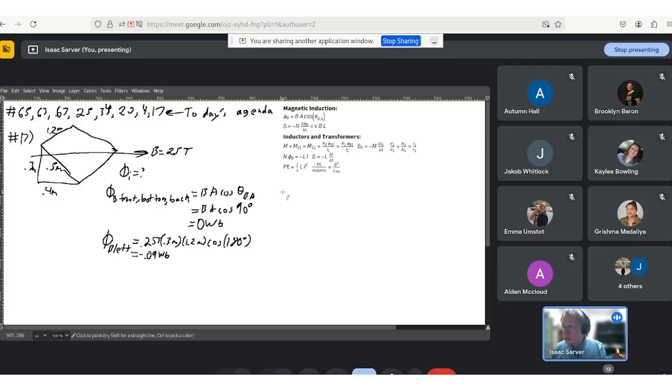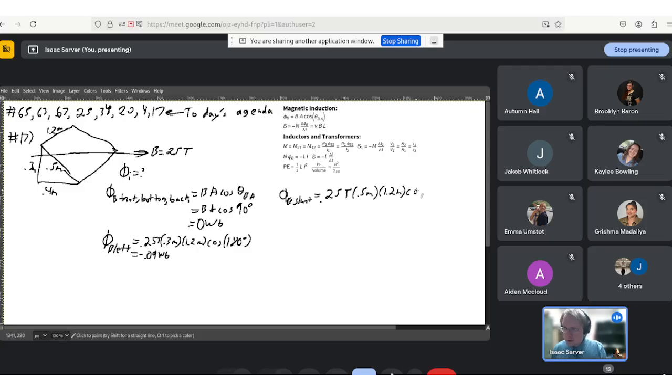And now, for the magnetic flux on the slanted side. Okay. Again, B is 0.25 Tesla. The surface area, well, that'll be 0.5 meters on one side and 1.2 meters on the other side.